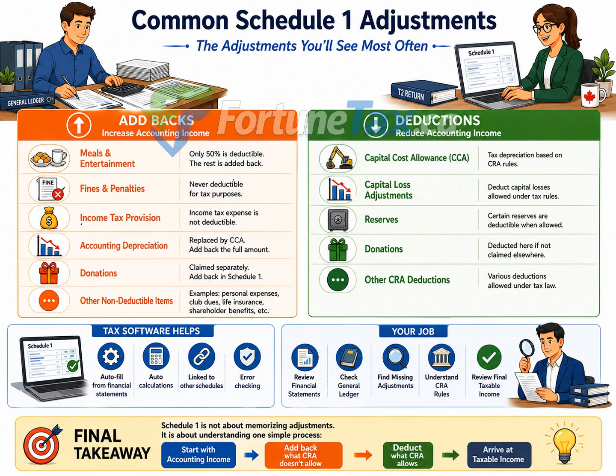On the other hand, deductions reduce taxable income. These are amounts that are specifically allowed under tax law, even though they may not appear the same way in the accounting records. The most common deduction you'll encounter is capital cost allowance, or CCA, which replaces accounting depreciation.